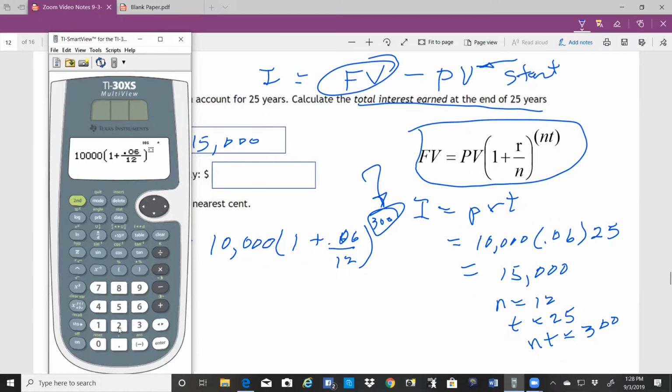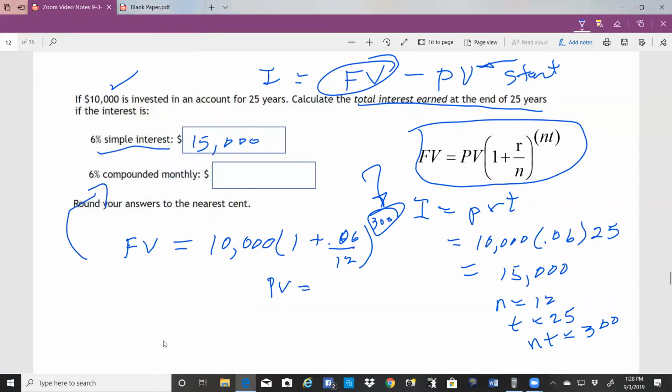To the 300th power. And that is 44,649.70.